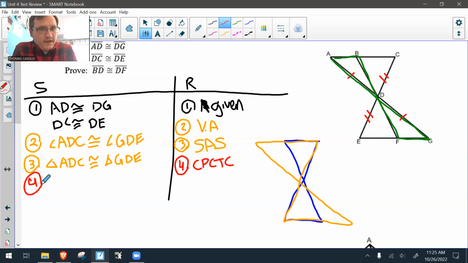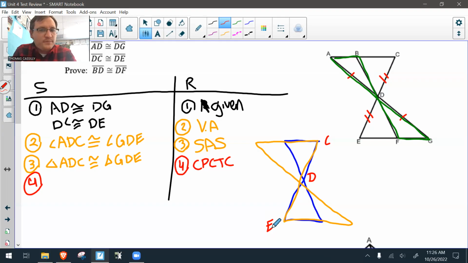The only thing that they have in common is side CD and side DE. That's the only side they have in common. We cannot say that top and bottom piece are congruent because it's just a part of the whole thing. We know that top orange piece is congruent to the bottom orange piece because of CPCTC, but we do not know the blue top and the blue bottom are congruent.